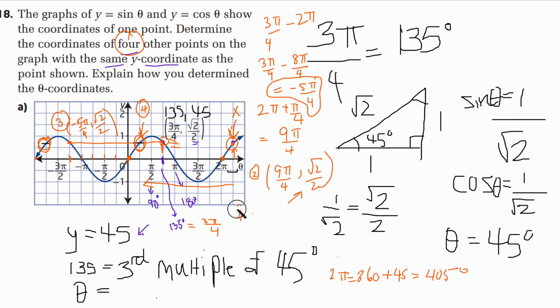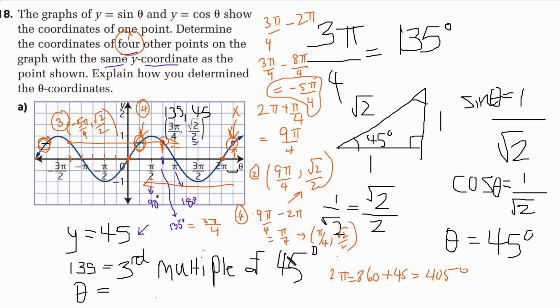The x value is going to be 9 pi over 4 minus the period, because this point is going to repeat again. So that's 2 pi. And then if you do the common denominator, that's 9 minus 8, which is equal to pi over 4. And then that just means that our point is going to be pi over 4, comma, square root of 2 over 2.